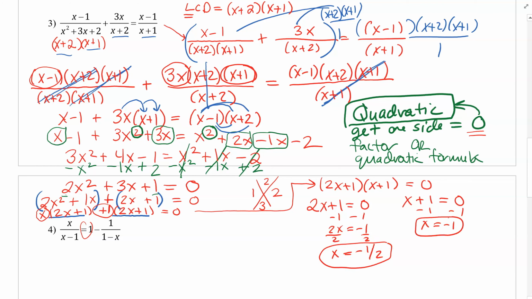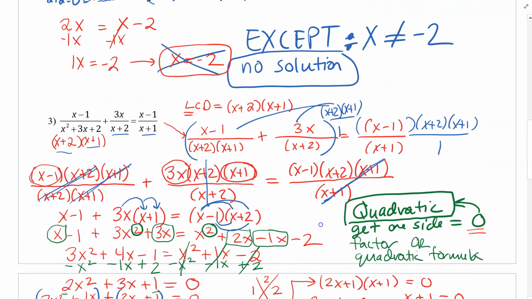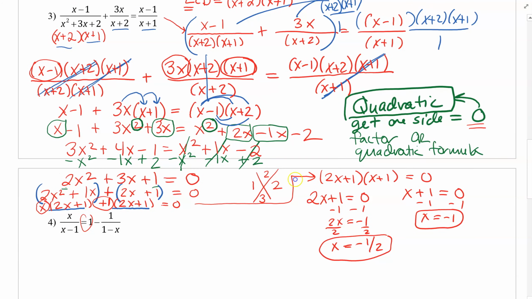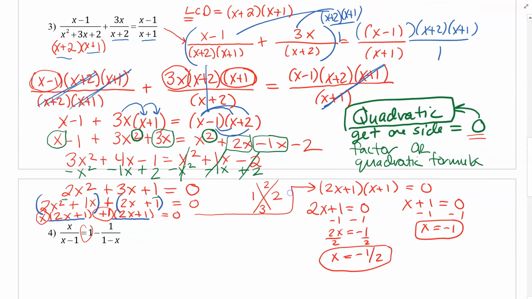But remember, we learned in example 2 that you have to check your answers against your restrictions. And I notice right here in the third denominator of the original problem, x is not supposed to ever be negative 1. Because if I plug negative 1 in for x there, I would get a 0, which is bad, right? Not supposed to have a 0 in the denominator.